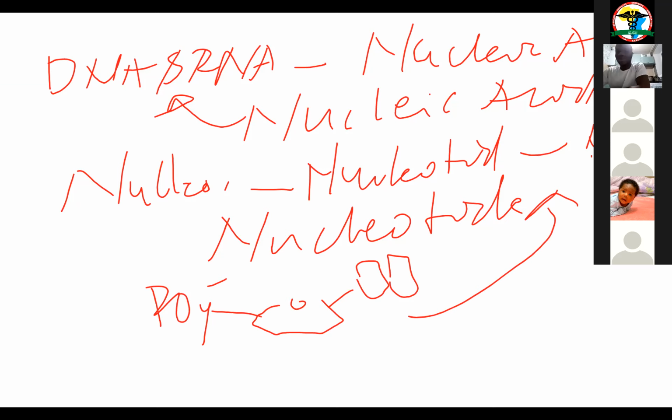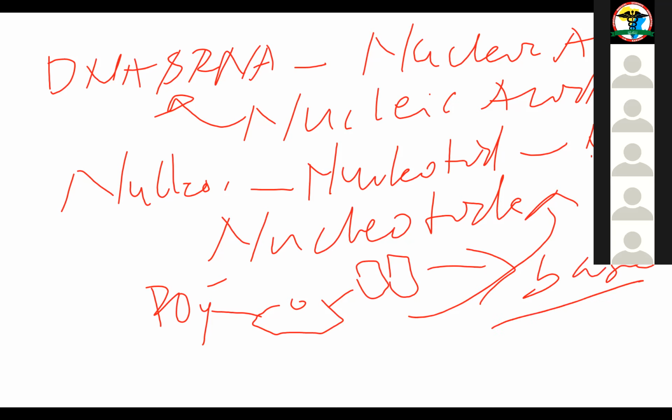Yes. So now that leads me to the question: what are the types of base? When we talk about base, what are we referring to? Anyone? Yeah, DNA has 4 bases, RNA also 4 bases. DNA: guanine, adenine, thymine and cytosine.